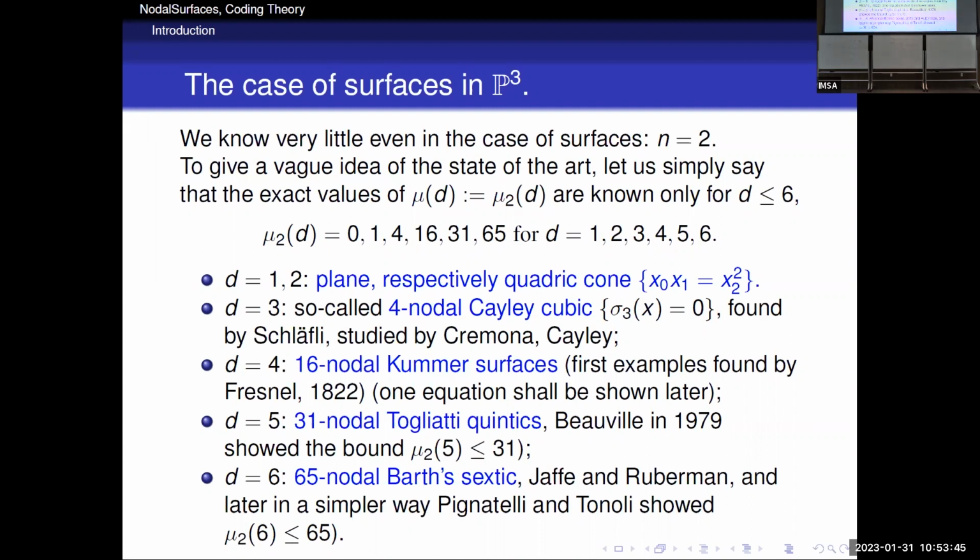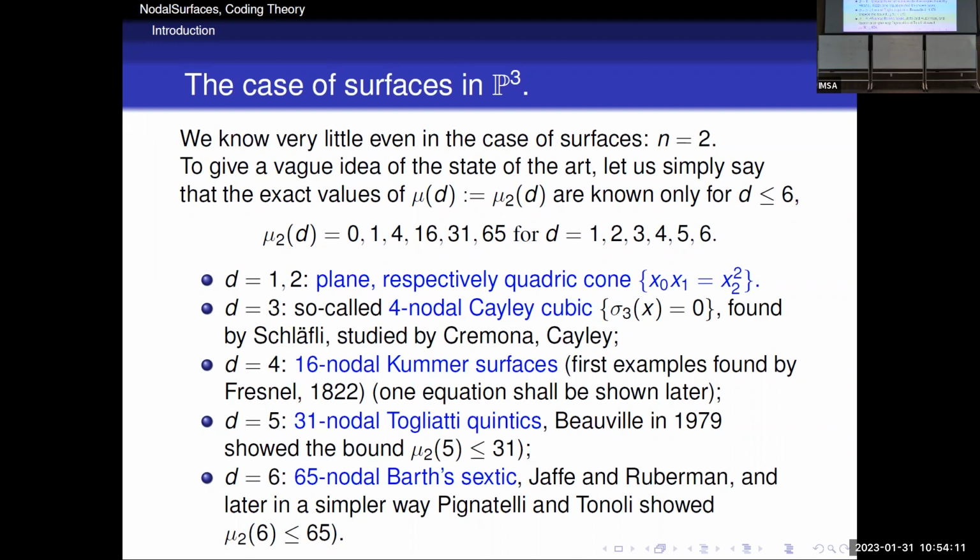If isolated singularities, a quadric has at most one singular point, the cubic at most 4. For degree 4, the maximal is given by the Kummer surfaces, which have 16 nodes. For the quintics, 31 nodes, the Togliatti quintics. And for the sextics, there is an example obtained by Barth.